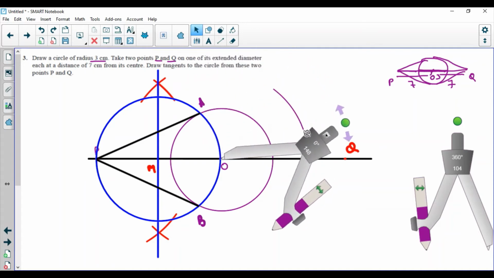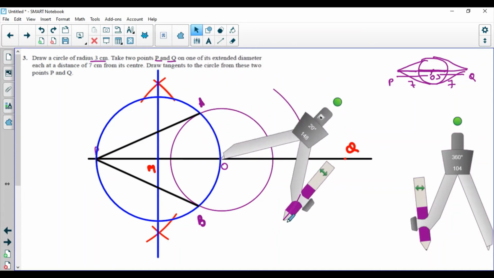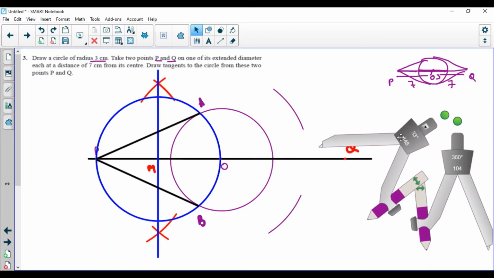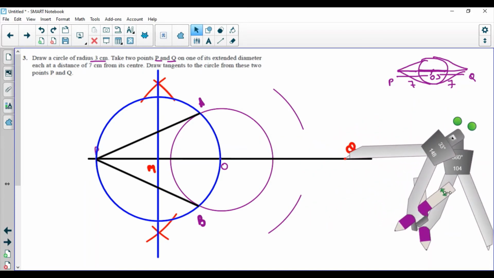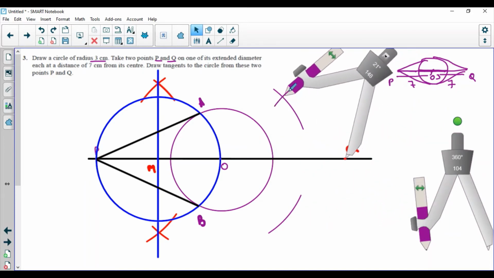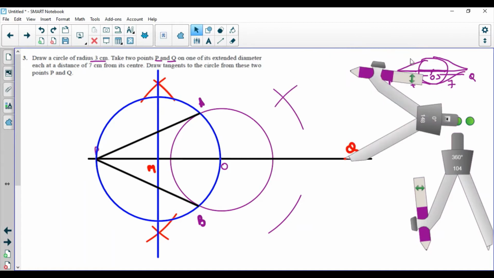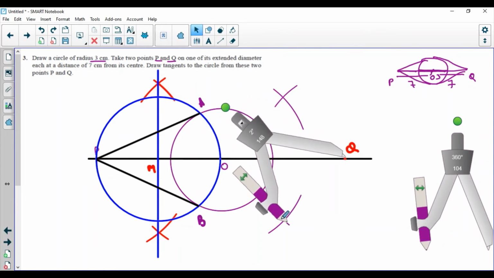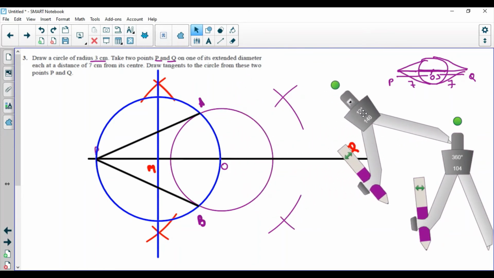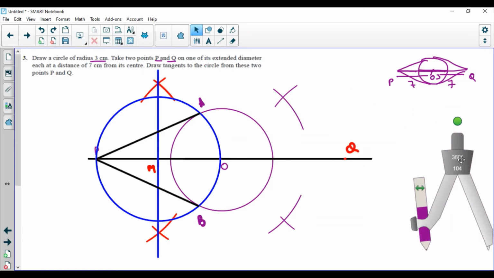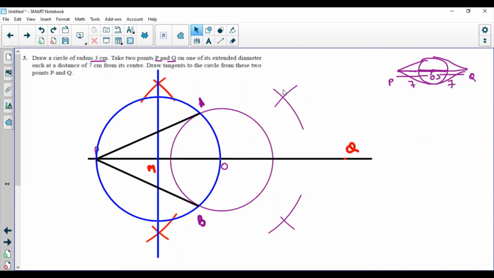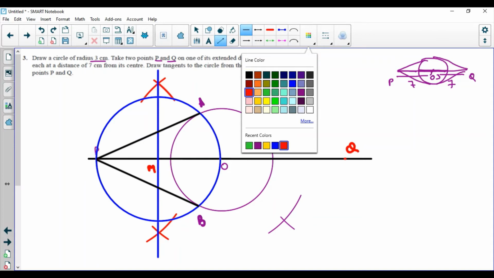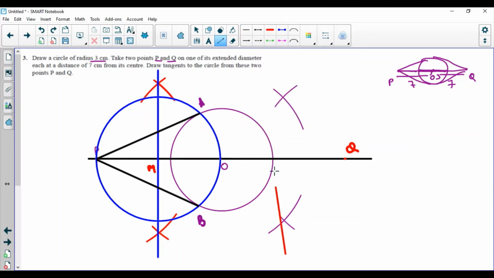So one arc above the line, one arc below the line. Now keep the pointer at Q and cut those arcs. Okay, now join these two intersecting points to get the perpendicular bisector.